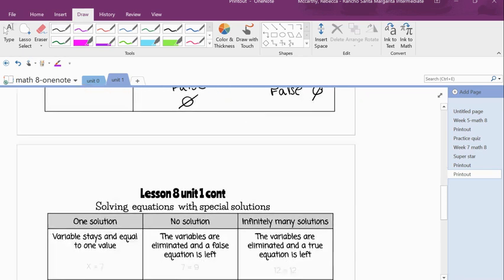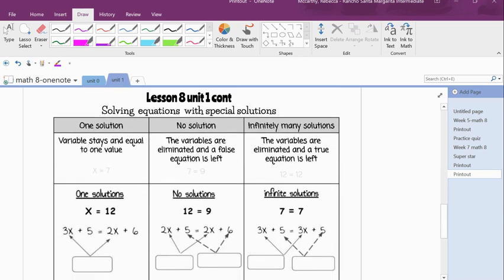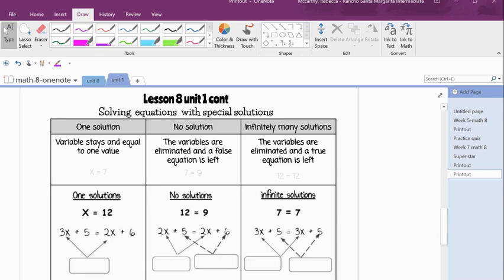Now, this was not printed, so you will have a second page given today. Make sure you look at this and add this to your packet. Here, I made a chart. When I have one solution, my variables stay, they do not disappear. So I will get something like x equals 7.